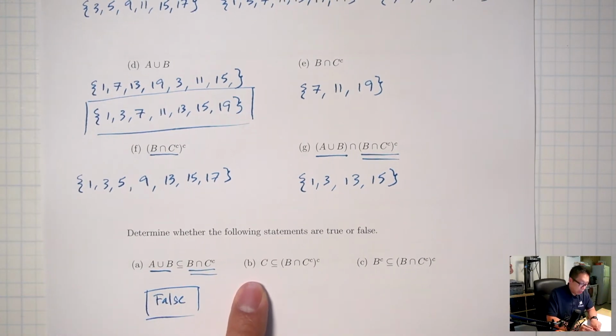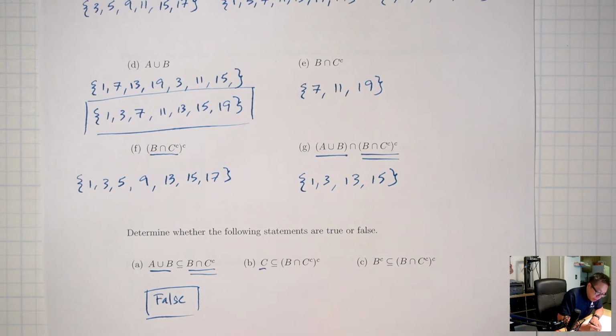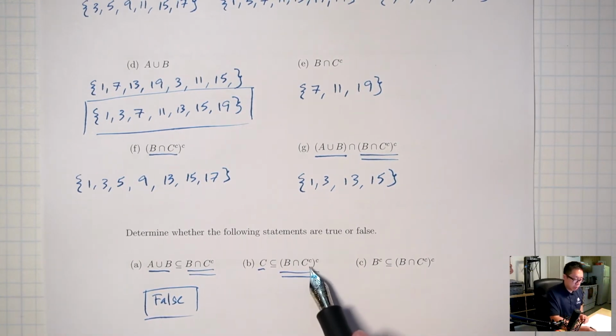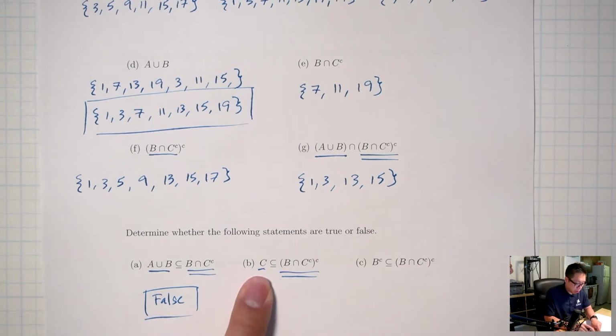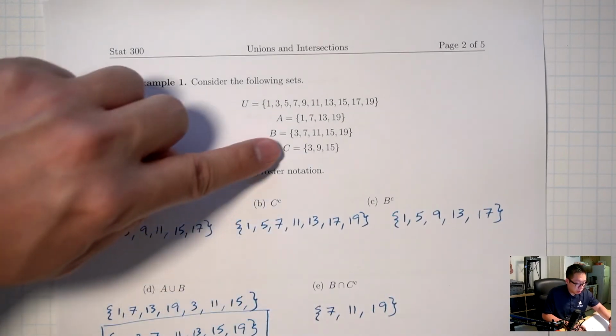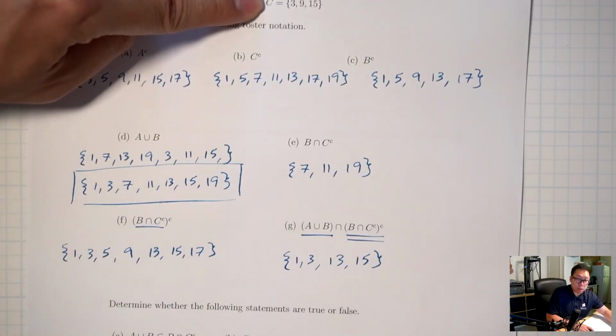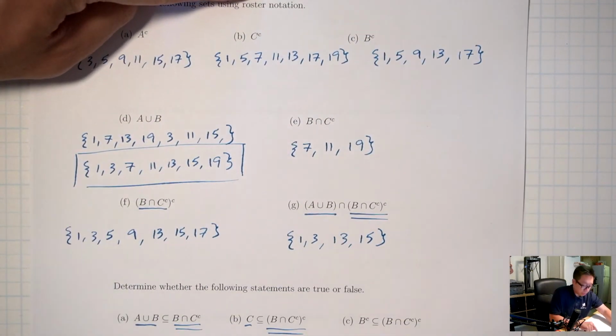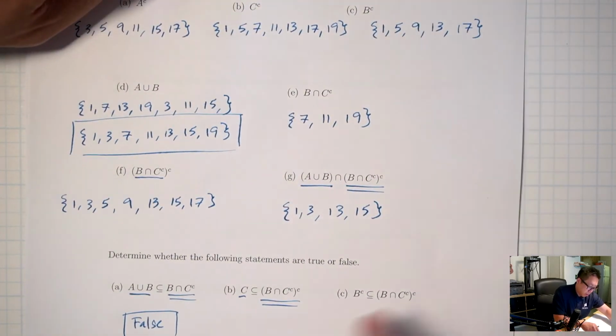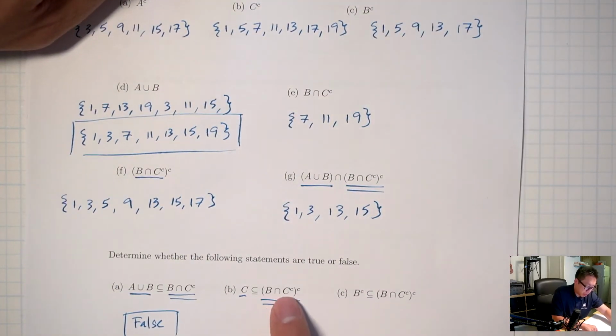Next up, the set on the left is the C, set on the right is B intersects C complement, complement. So we're talking about regular C. So where's regular C? Regular C is right there. And then we're also talking about B intersect C complement, complement.